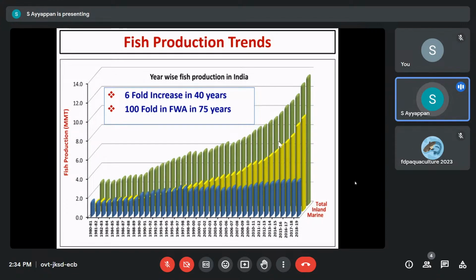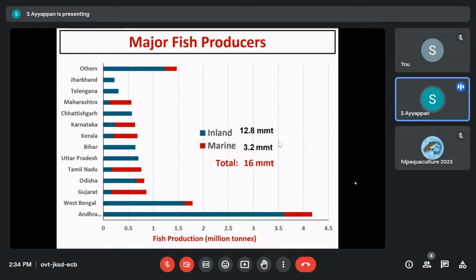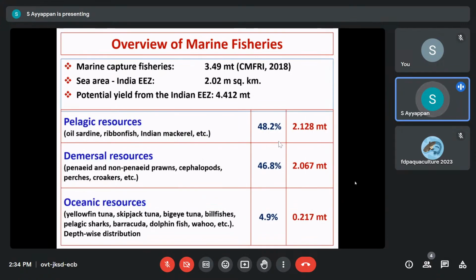Fish production, as you can see, is mainly due to freshwater aquaculture, Andhra Pradesh, West Bengal, and then it goes on. Marine is about 3.2 now. The latest figure is 3.4, the last week's estimate, 3.4 million tons, and then inland is about 12-13 million tons.